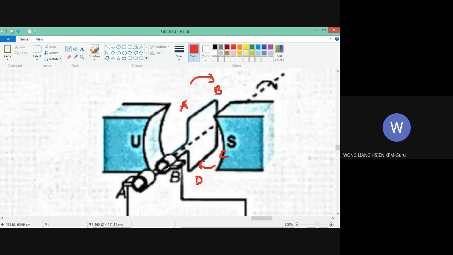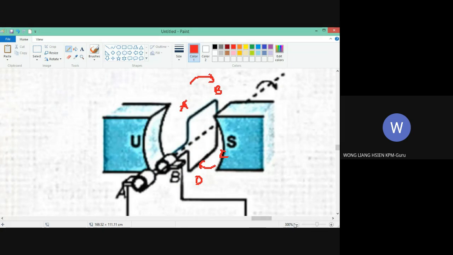You see, the slip rings here are labeled A and B. So the AB side of the coil connects to slip ring B. The CD side connects to slip ring A. You see this wire goes here, passes through slip ring B, and goes to slip ring A. So CD connects to A, AB connects to B. Can you see?